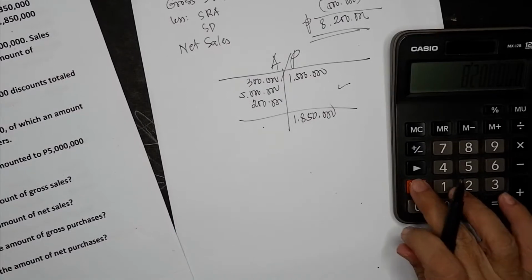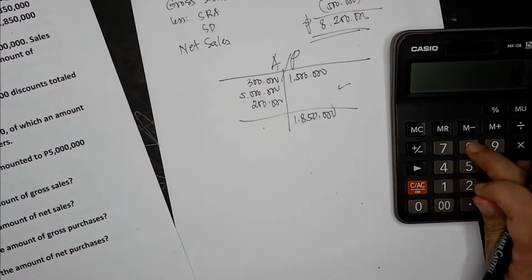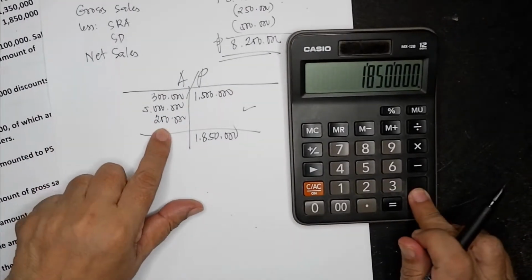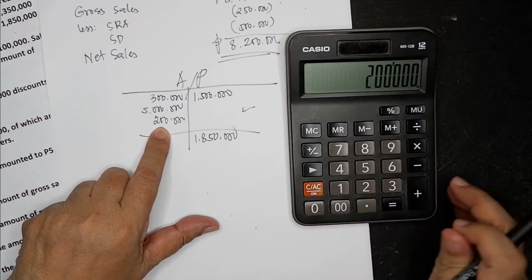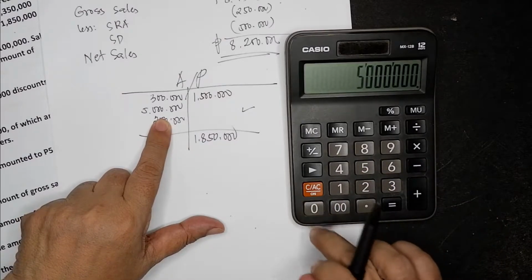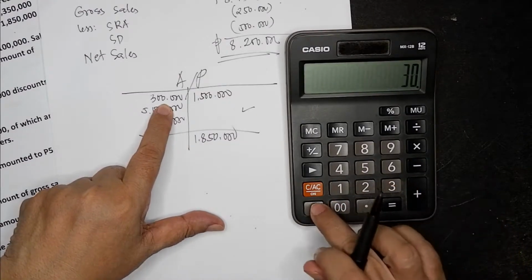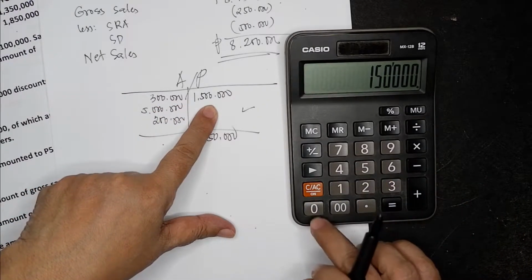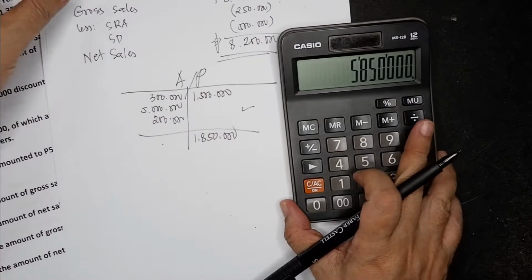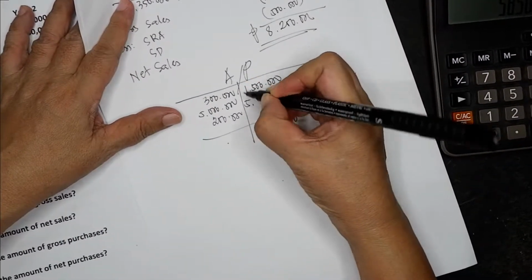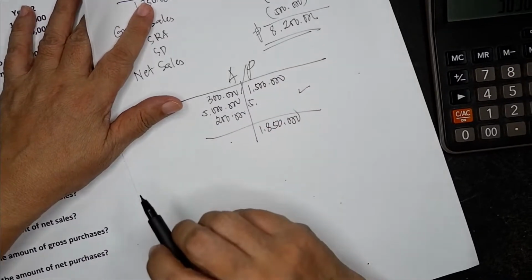We have 1,850,000 plus 200,000 plus 5 million plus 300,000 minus 1,500,000. So, that is 5,850,000. So credit purchases, or total purchases, is 5,850,000.